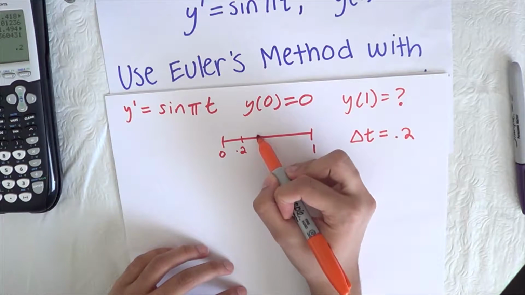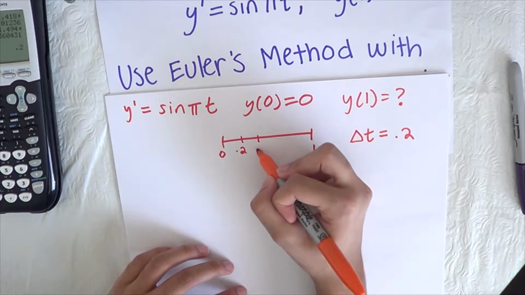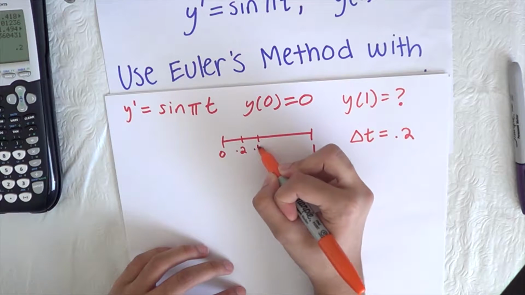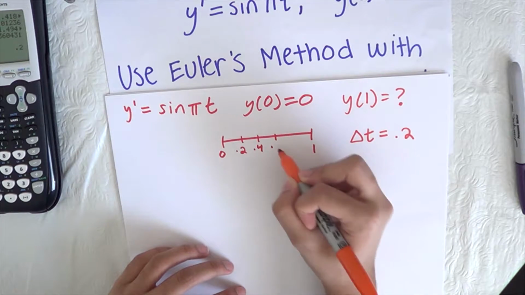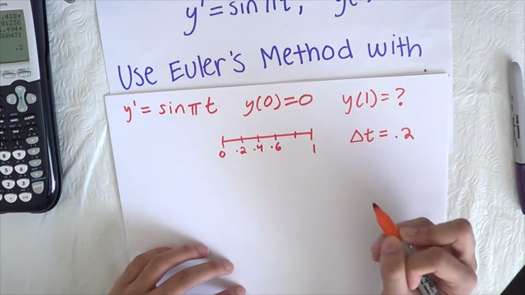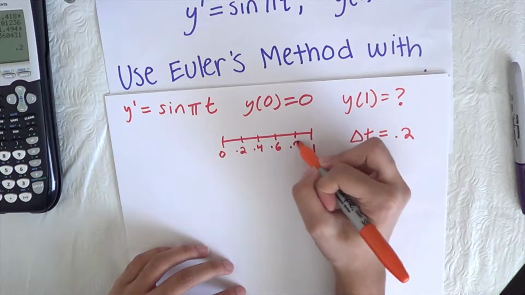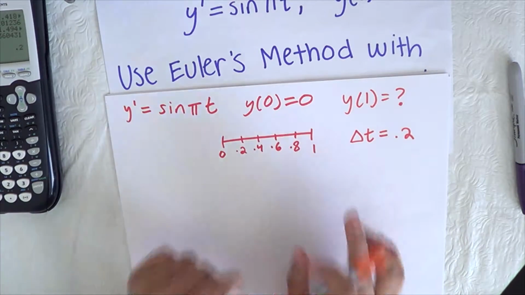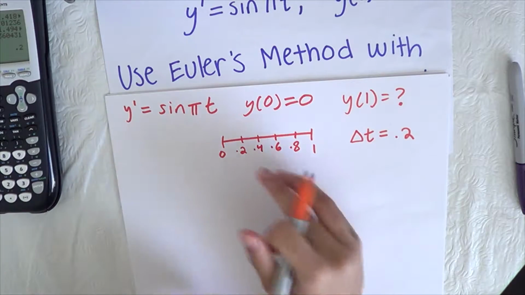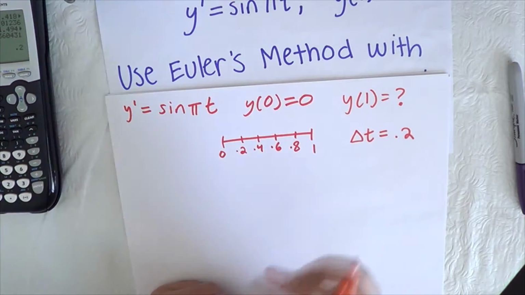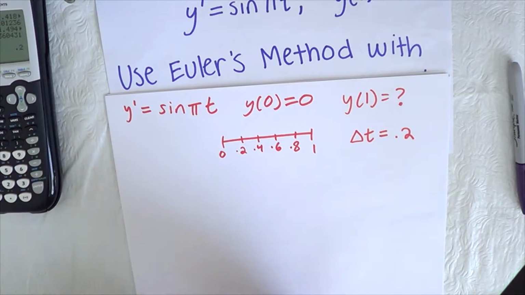So we'll have 0.2, and then our second step will be 0.4, our third step will be 0.6, our fourth step will be 0.8, and our fifth step will be 1. So that will bring us the approximations that we need.